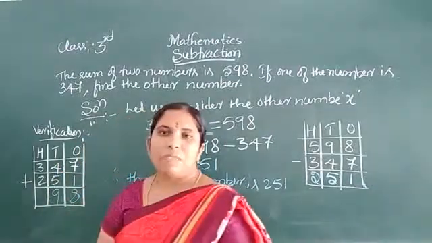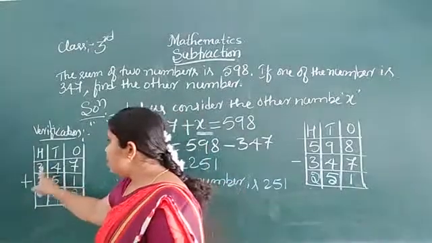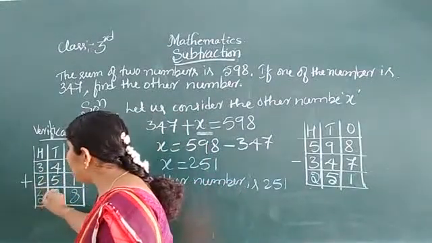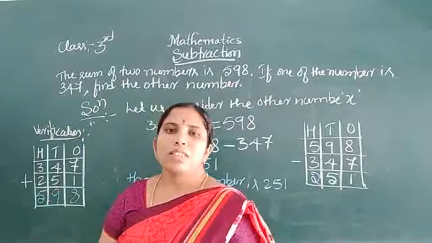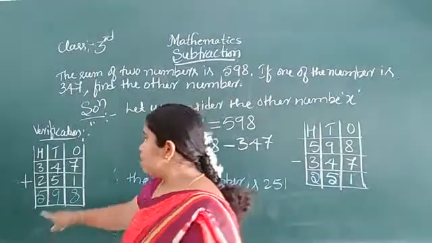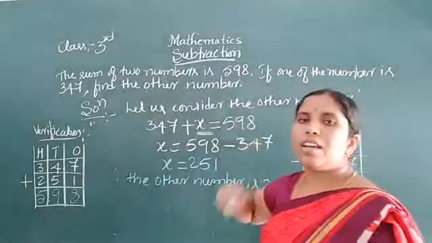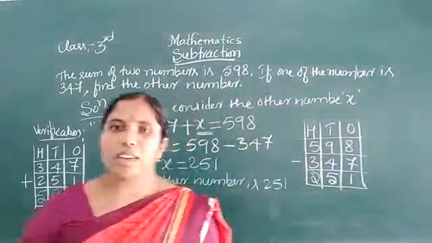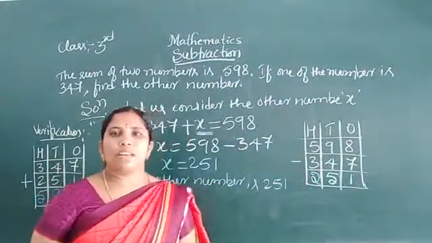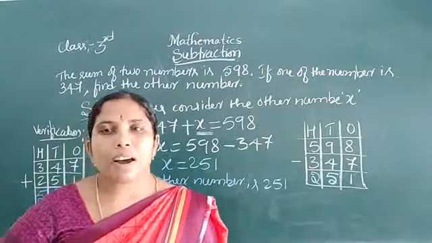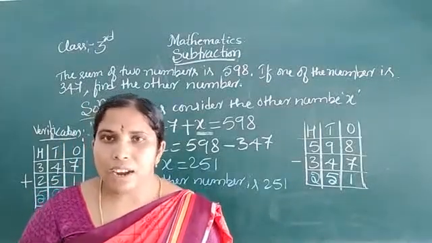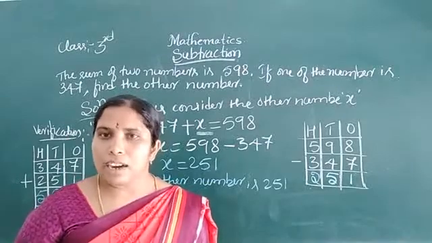Then 3 plus 2, 5. So what is the sum of these two numbers? 598. So our answer is correct. 251 is the other number. Do you understand? So we should do it like that.